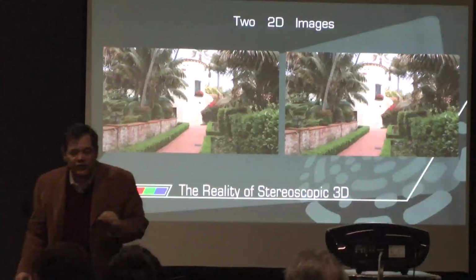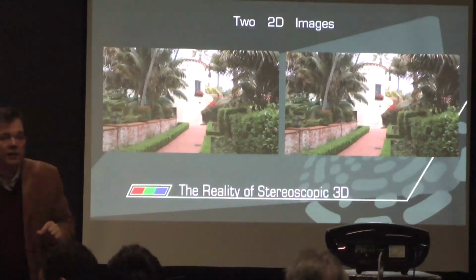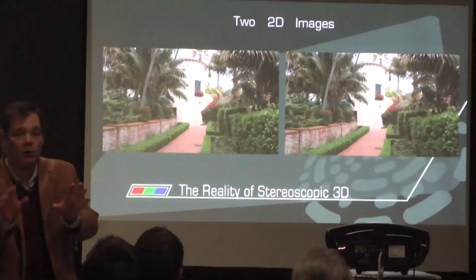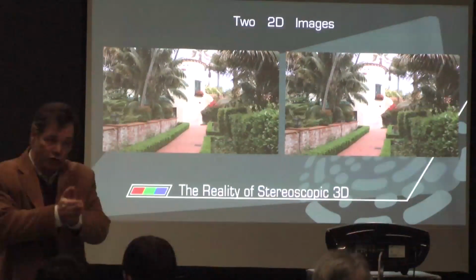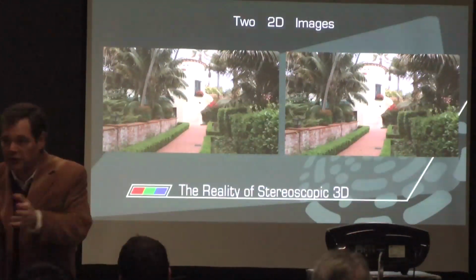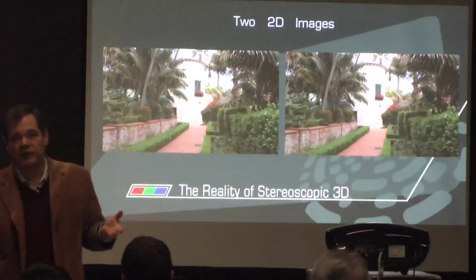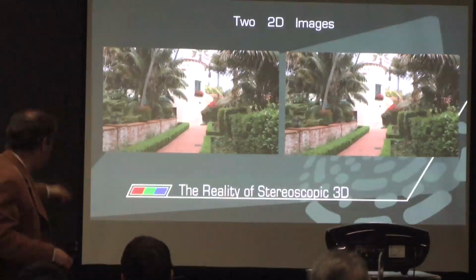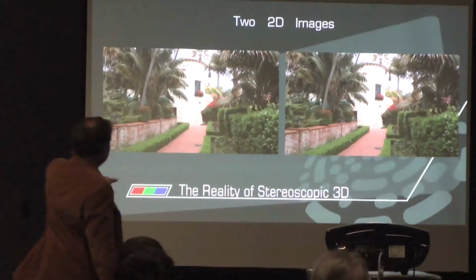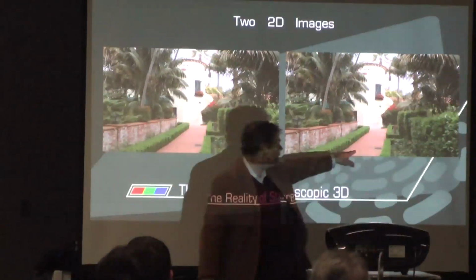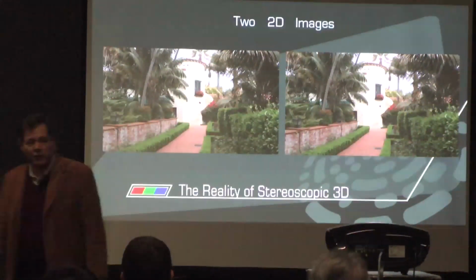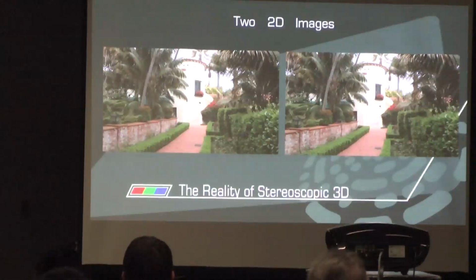Okay, so we're going to start out with the fact that the reality of stereoscopic 3D is nothing more, as a starting point, than two 2D images. Does everybody understand that? Basically what we do is we have a left eye image, and I don't know how many of you can see this, but there's an L in this one and an R in that one, so that we know that one is the left image and one is the right image.